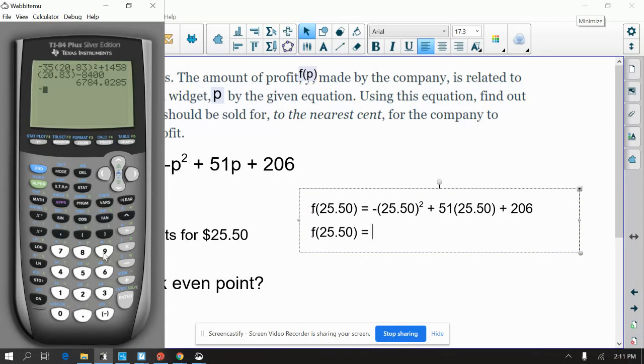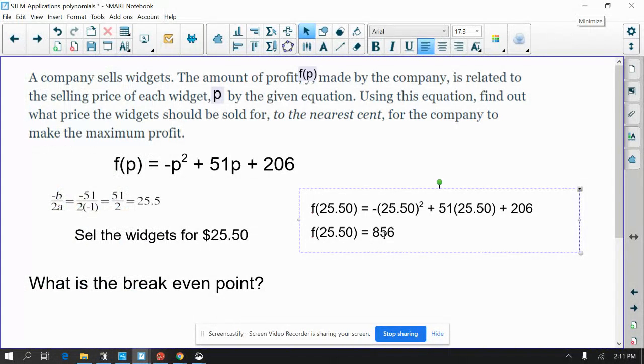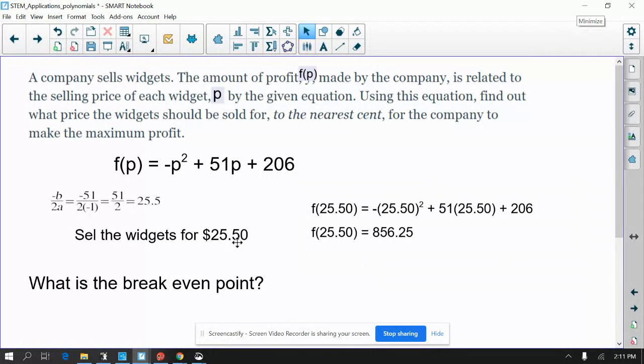So negative parentheses, negative parentheses. You can use a calculator on every test, even next year in Math 112, so take advantage of it. Plus 51 times 25.50, parentheses, plus 206. So I get $856.25. That's how much money I would make if I sold them for $25.50.